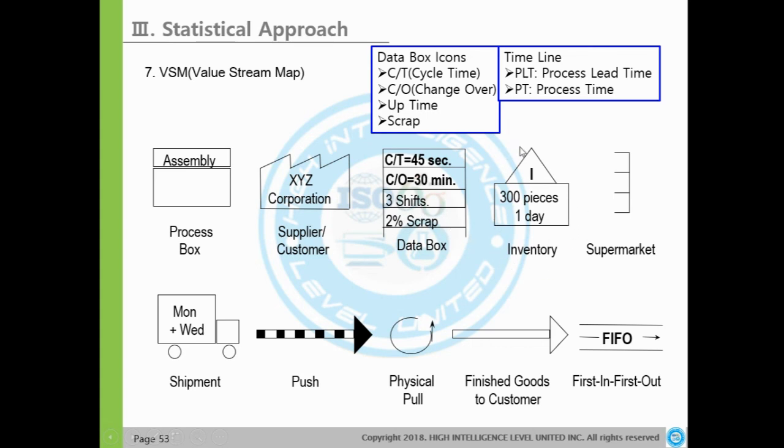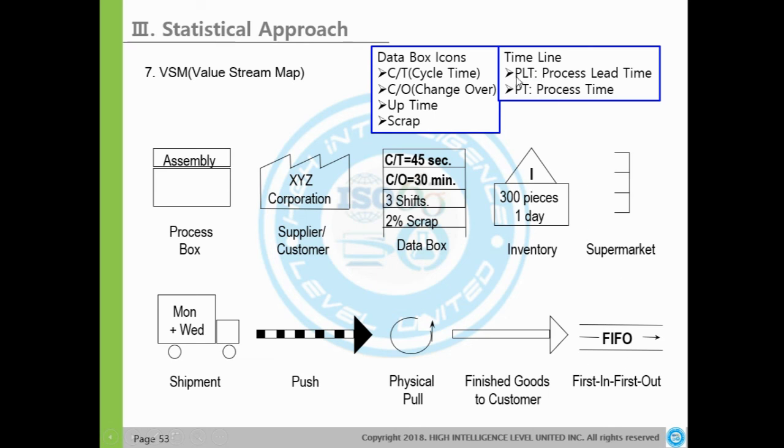This means inventory. Supermarket, shipment, push. This is physical pull, finished goods to customer. FIFO, first in, first out.